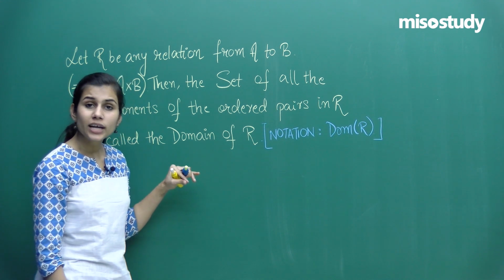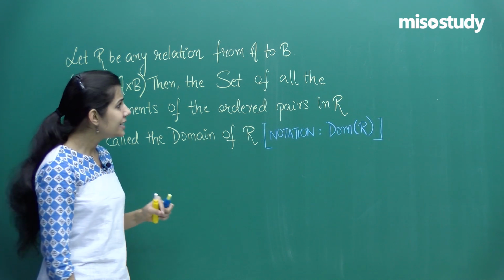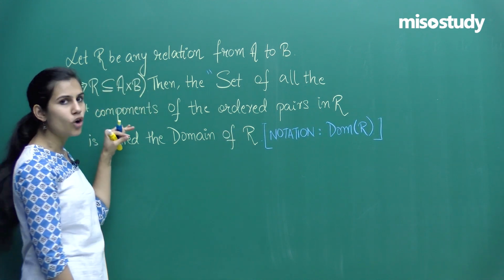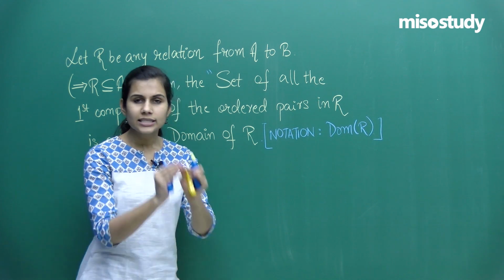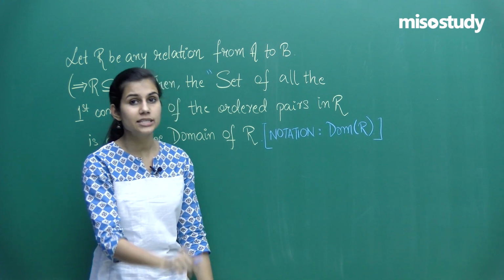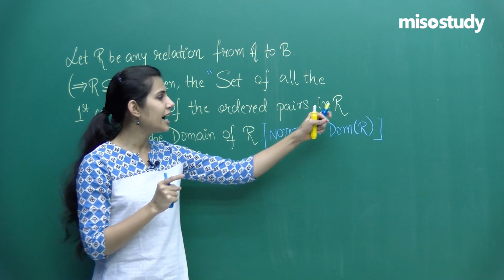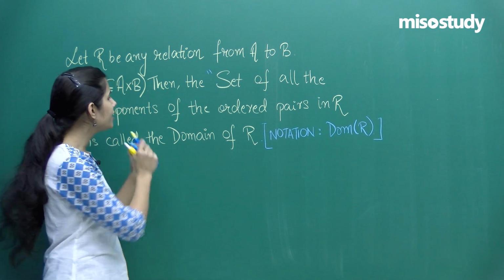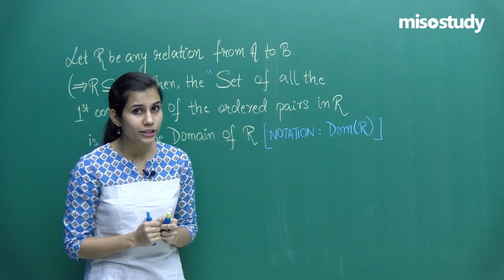The same thing which we understood through an example is being said over here in the arbitrary setup. It is saying that the set of all the first components of the ordered pairs in R. Consider all the ordered pairs in R and collect all the first components of the ordered pairs which are not sitting in A cross B but inside R. Now because I am already writing set, over here I have not written that collect all the distinct first components from all the ordered pairs.